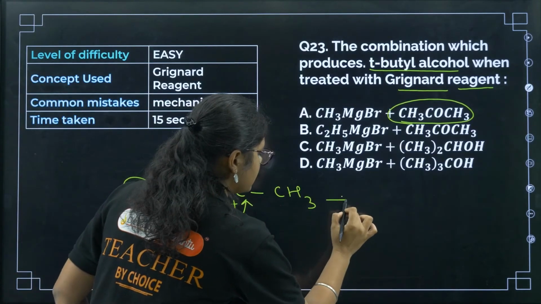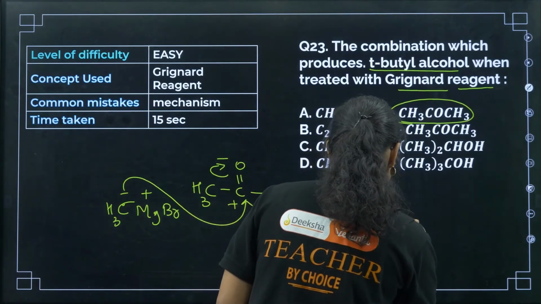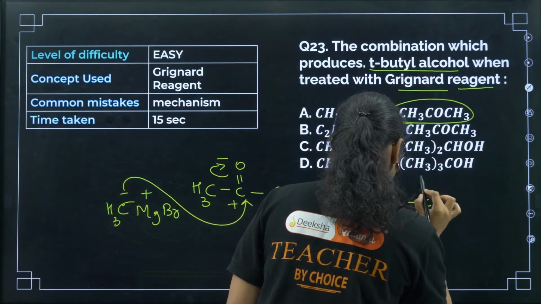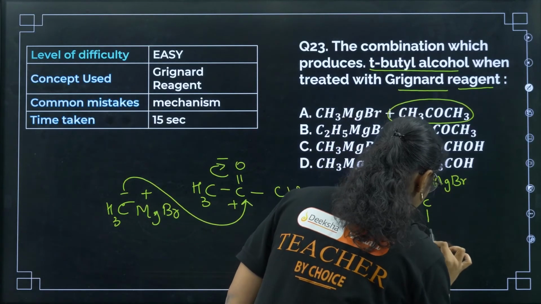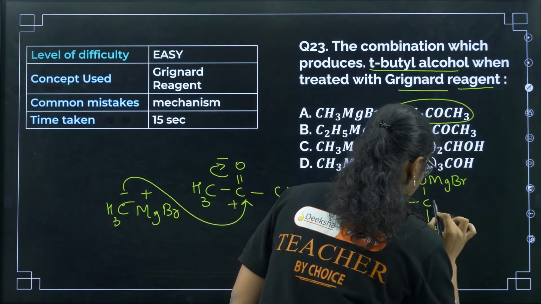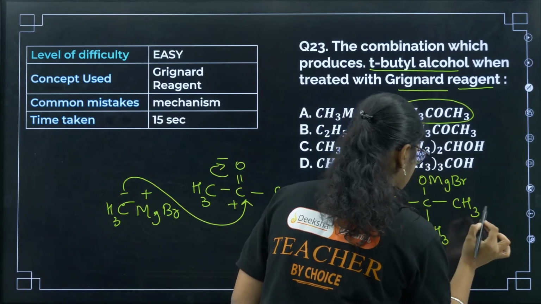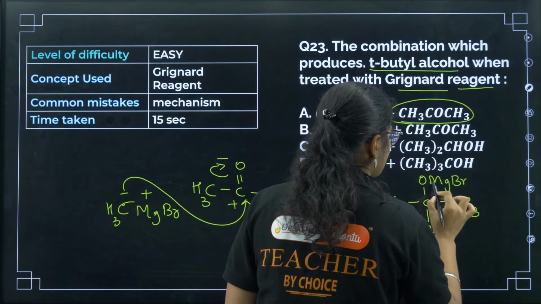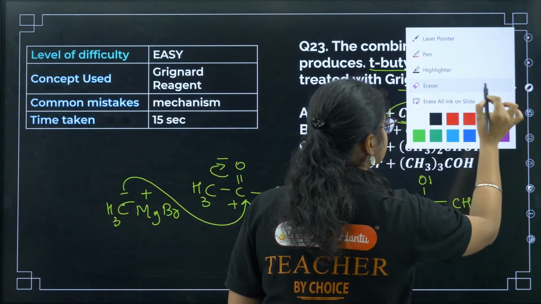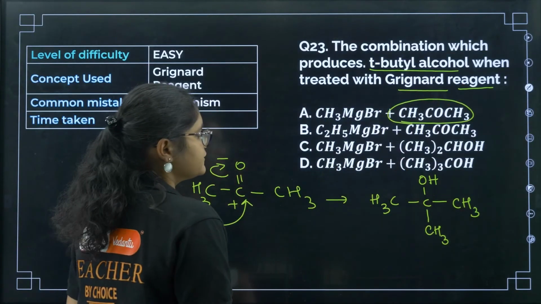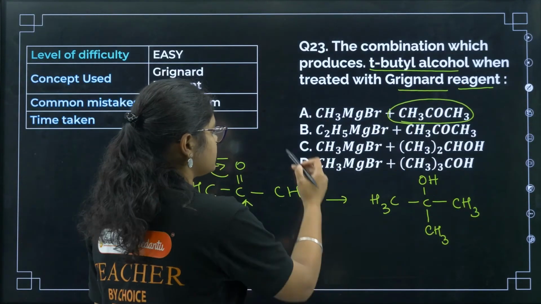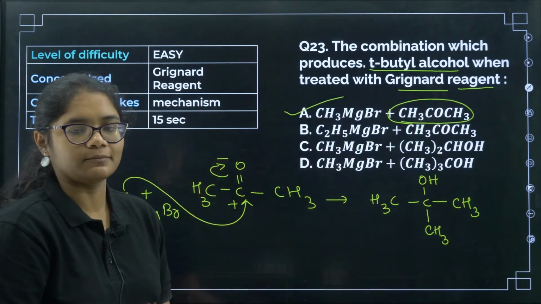So what will I get here? I will first get CH3 C OMgBr, then I have a CH3 and then another CH3. Now this OMgBr gets changed to OH. So I'll get tert-butyl alcohol. The correct answer here will be option number A.